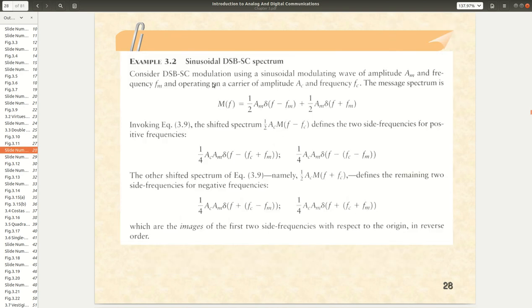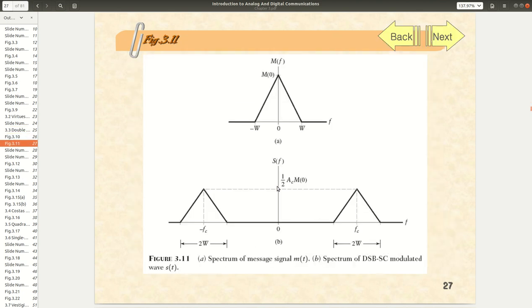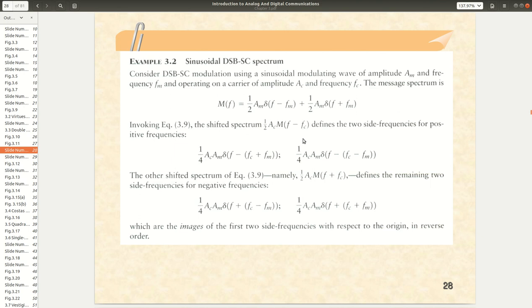As an example, I want to send a sinusoidal signal with amplitude Am and frequency fm with a carrier of amplitude Ac and frequency fc. The frequency spectrum is Am delta(f minus fm) plus Am delta(f plus fm). If I make the multiplication, I should shift both of them at fc one time, and at minus fc one time.